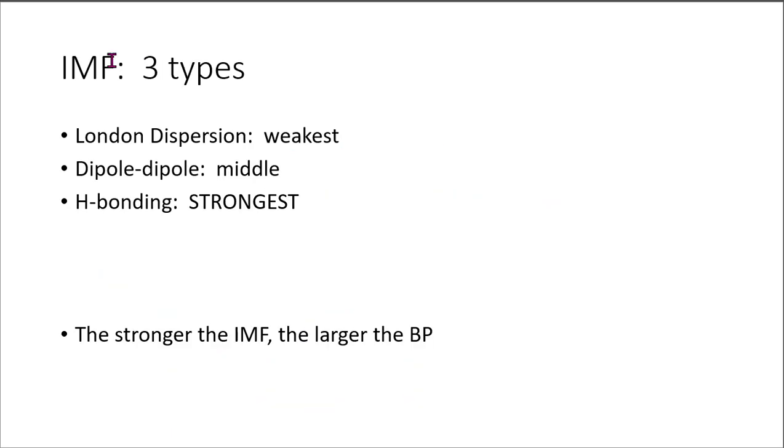All right, so there are three types. So I'm setting you up for success. There are three different intermolecular forces, and they go weak to strong. And the weakest one is called London dispersion. I'm going to explain them. I'm just setting us up for what's to come. So the London dispersion force is the weakest force.